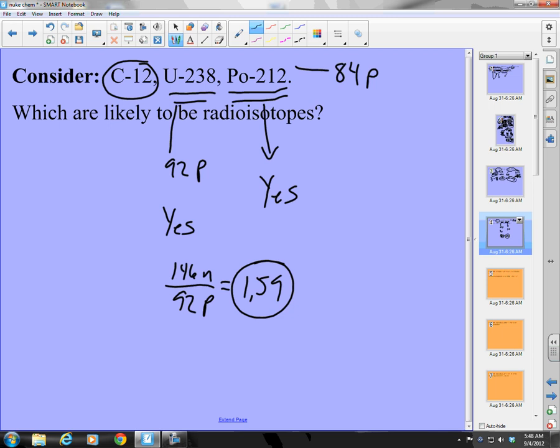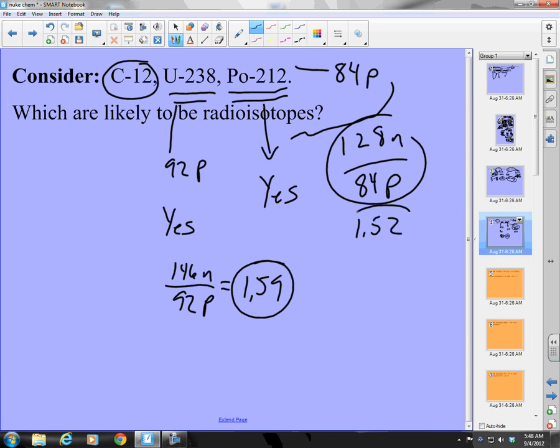And for polonium-212, I get 128 neutrons to 84 protons. 128 divided by 84, and I think I get 1.52. Hey, I'm starting to see a pattern: if I'm in the 1.5 range, it looks like I probably have a radioactive isotope.